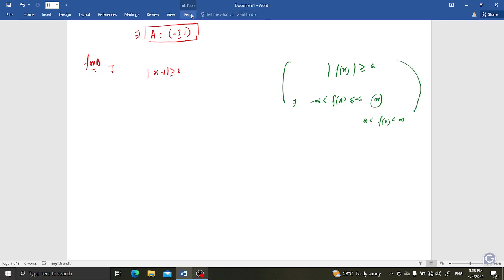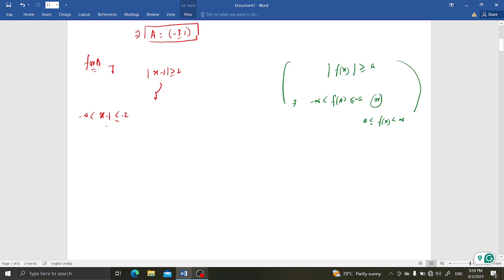Now here observe, mod of x minus 1 greater than or equal to 2. It implies that x minus 1 has to be in between minus infinity to minus 2, or 2 to infinity.